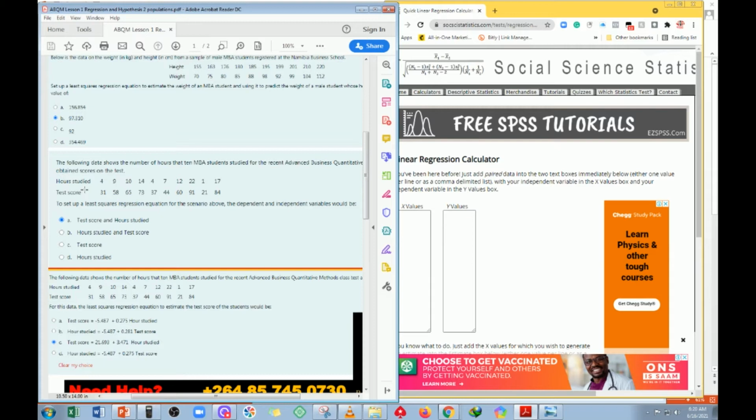Remember, the dependent is Y, which is your score, and the independent is your X, which is hours studied. Another very easy way of knowing which is, they almost always start with X. If you look at the alphabet, it's X, Y, Z. So X always comes first and Y comes second.